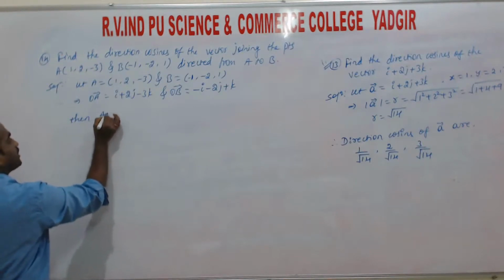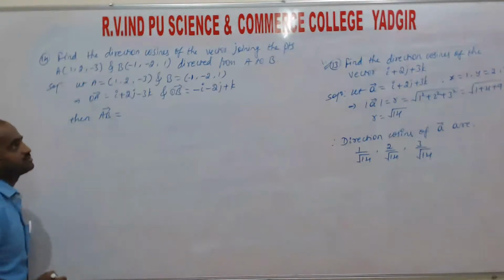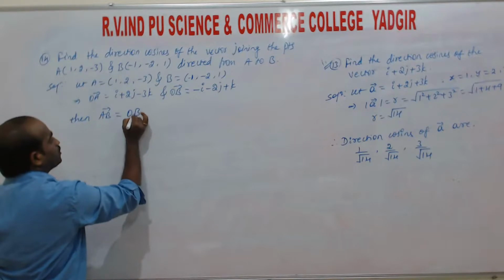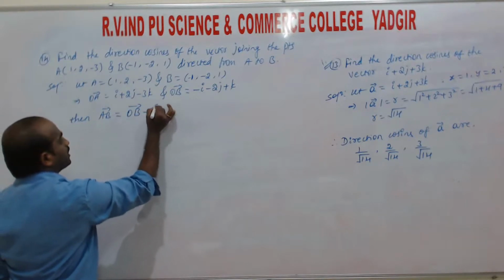To find AB vector, the vector joining points A and B, AB vector is equal to OB minus OA.